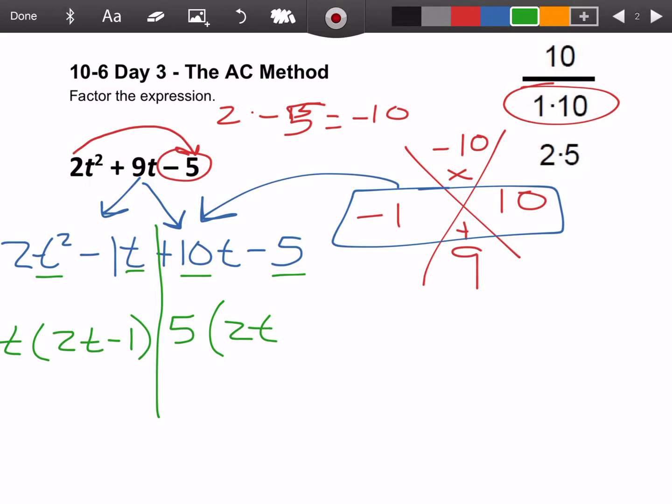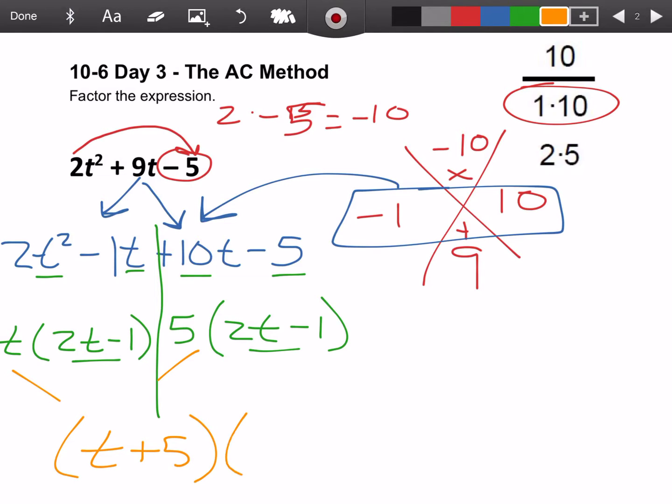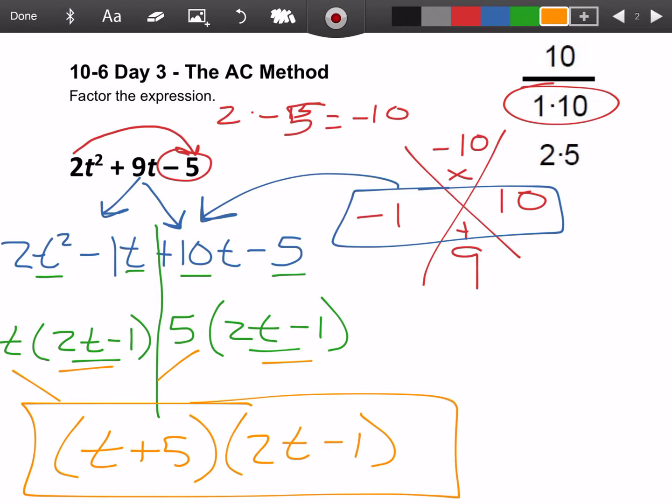Then this is going to be a 2t minus 1 here as well. Remember, these have to match up in order for this to work. So our final answer would be t plus 5 times 2t minus 1, where we just rewrite that factor that's in common. And this would be our final answer of our factored expression.